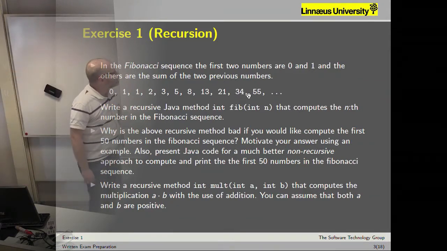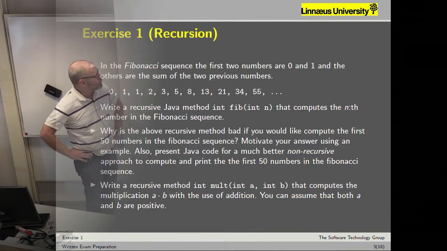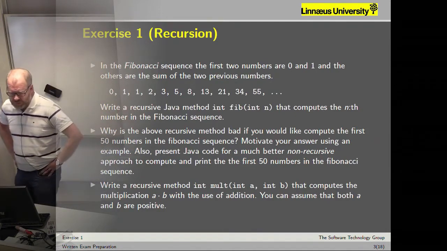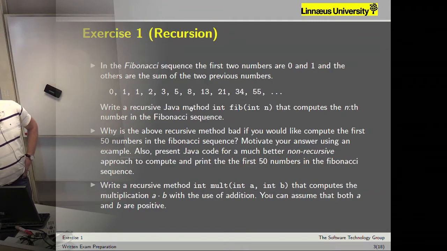Yeah. Write a recursive Java method int fib(n) that computes the nth number in the Fibonacci sequence. We want you to write Java code here. We are saying that you should present a method, and we are giving you the signature here. So you should just implement this one. Also, why is the recursive method bad if you would like to compute the first 50 numbers?